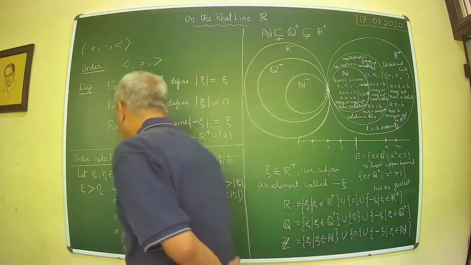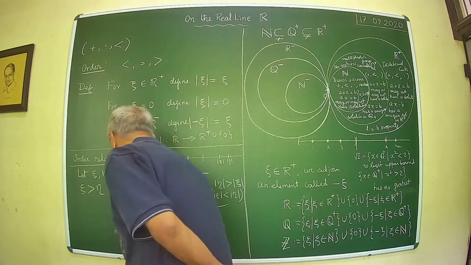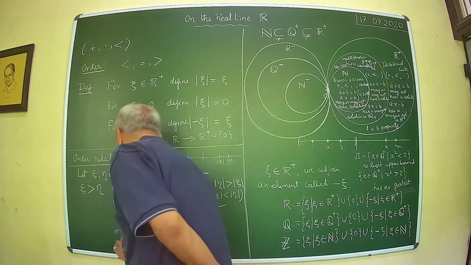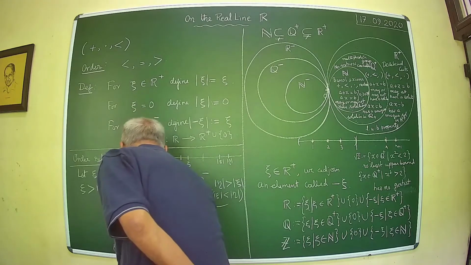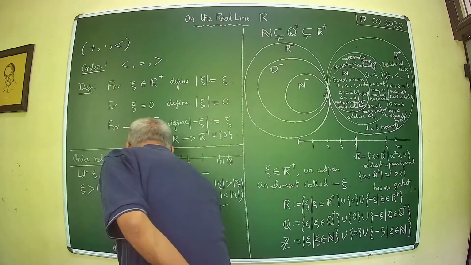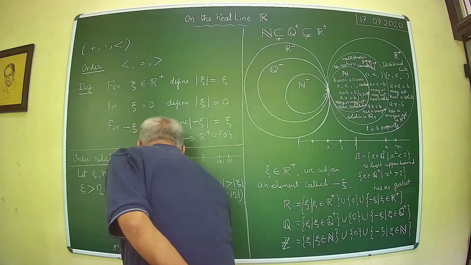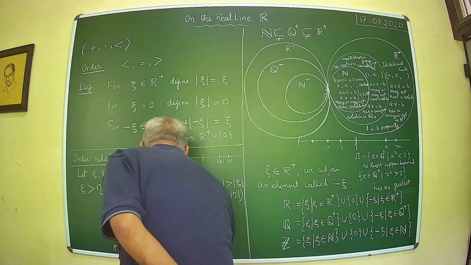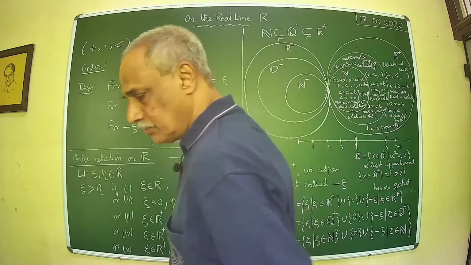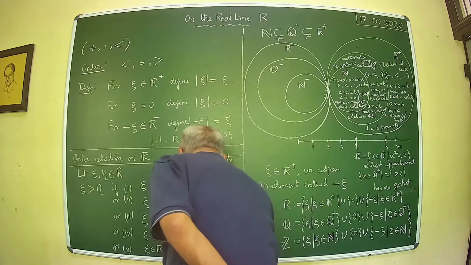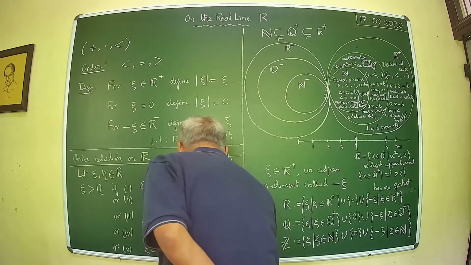Now the fifth one is of course the one that we have already resolved, or for completeness I write this: psi belongs to R plus, eta belongs to R plus, and you have psi greater than eta.